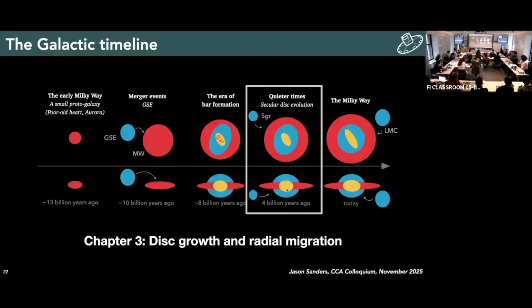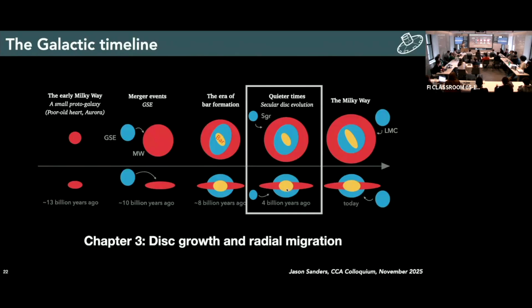I think it's long been thought that the Milky Way has had quite a quiet merger history, and that's because the kinematics and dynamics of stars at young to intermediate age are not super featureful.